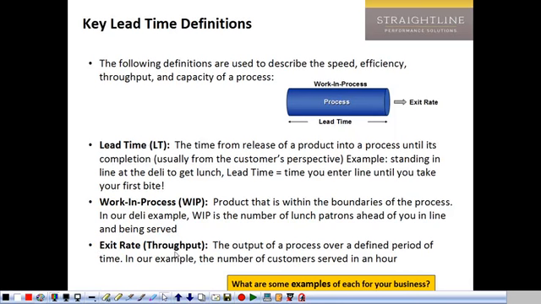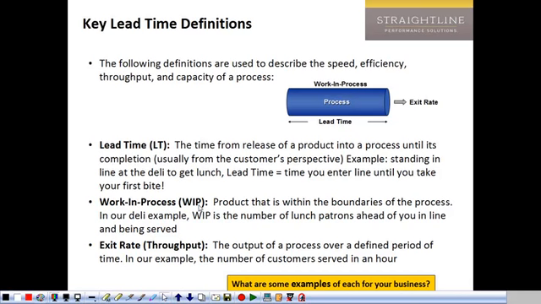Little's Law is an equation that relates the three. Let's talk about what they are in an example. Lead time is the time it takes from the release of a product into a process until its completion, or from customer order to customer delivery. If we're talking about standing in line at a deli to get lunch, the lead time is the time from when you enter the line until you take the first bite of the sandwich.